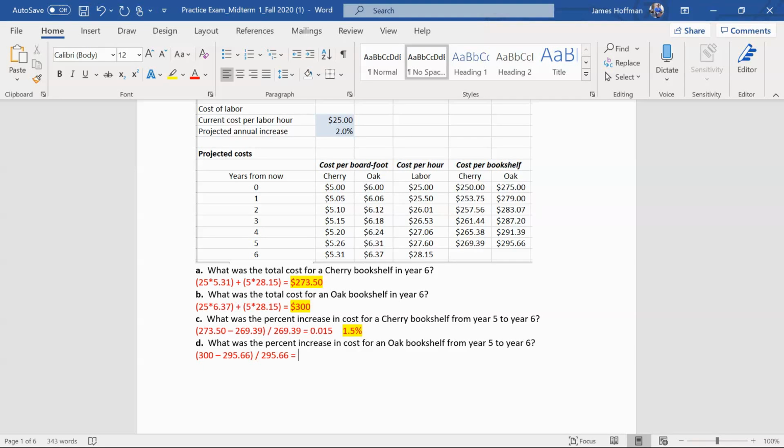The change over the original: 300 minus 295.66, divided by 295.66, for the increase from year 5 to 6 for the oak. And this one is about 0.0147.